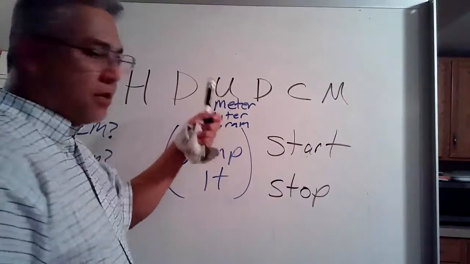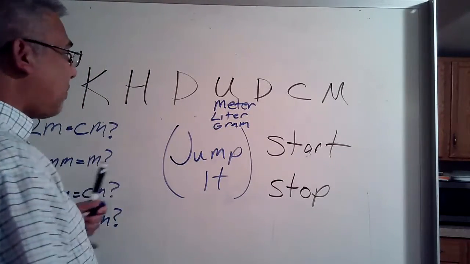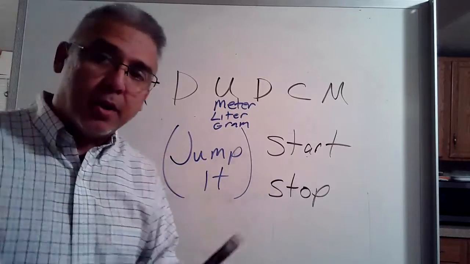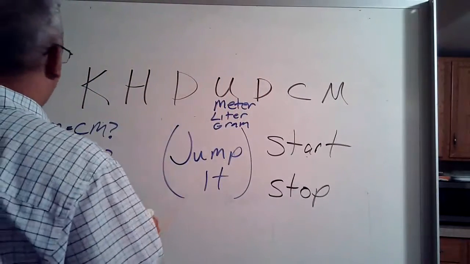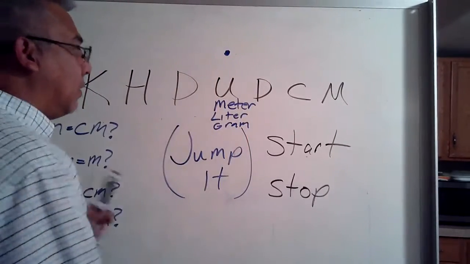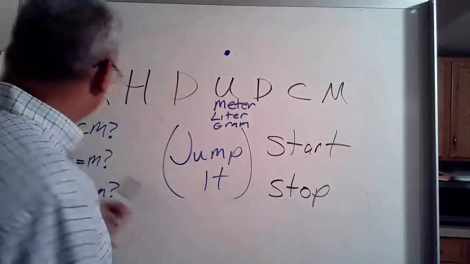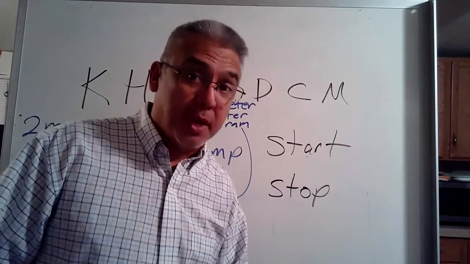That's where our U is at. And so if we're looking for meters, 2 meters is my start point, then we're going to put our dot right here above the U. And now we know where we start from because it said 2 m, and m by itself is just meter.